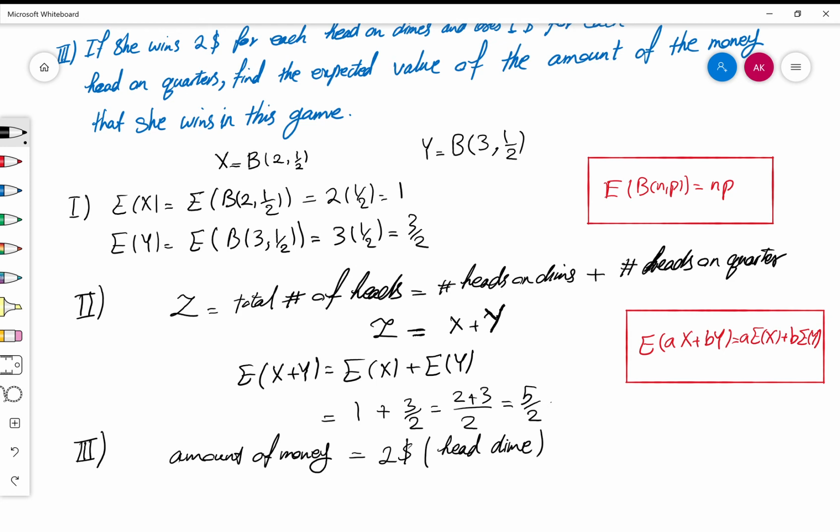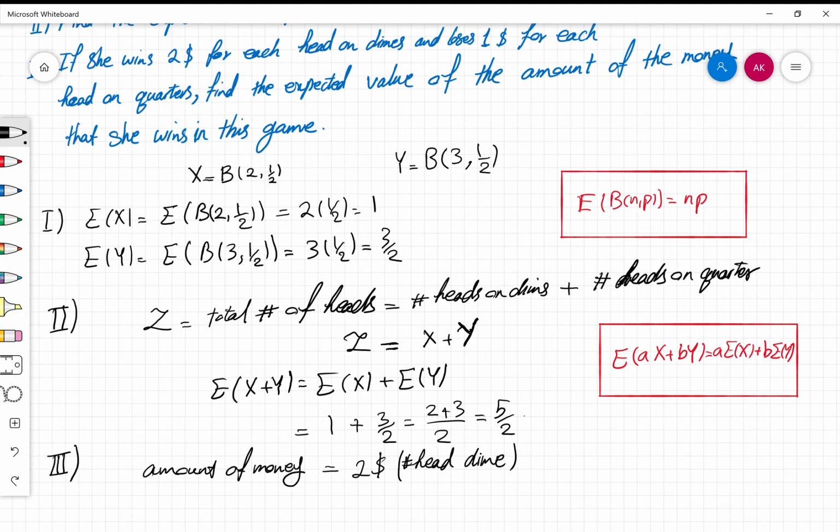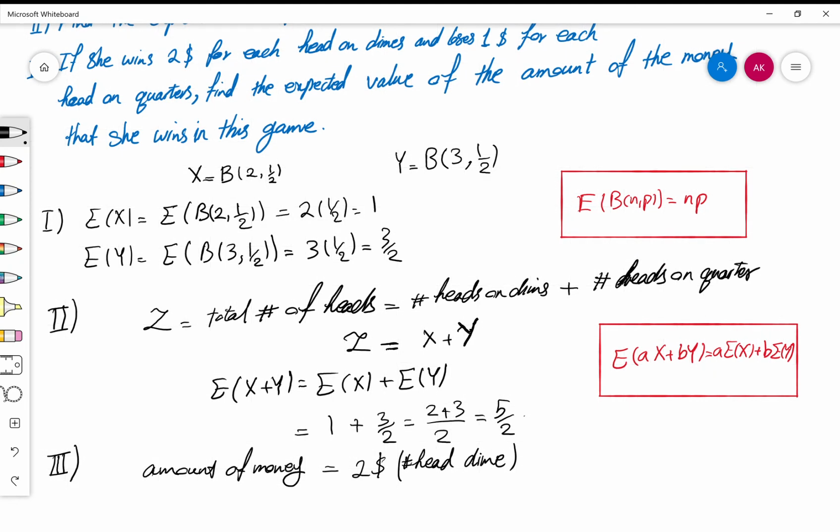So if we have the number of heads on dimes, you multiply it by $2, that's the money she gets for the heads on the dimes. The other part is that she loses, so she will get -1 for each head on quarters.